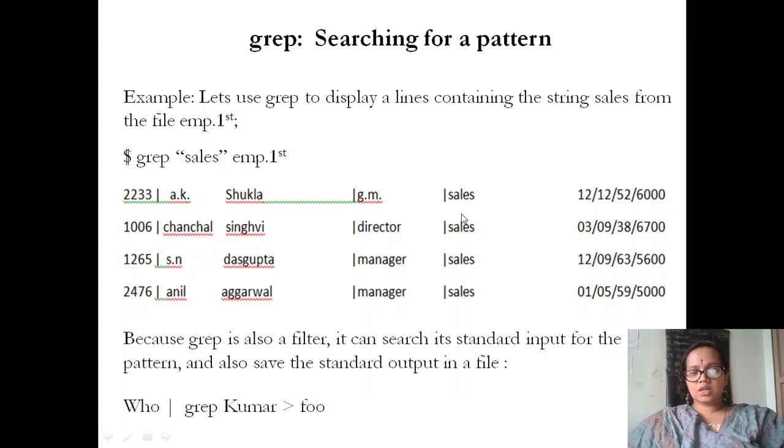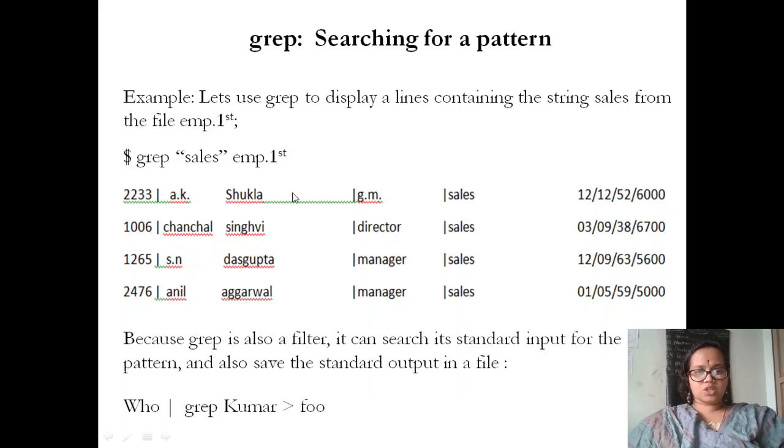We are using the sample database of emp list, which was already shown in the previous session. In that database, the persons who relate to the department of sales should be displayed. So we give a grep command with the pattern sales, which has to be matched, and the file as an argument.